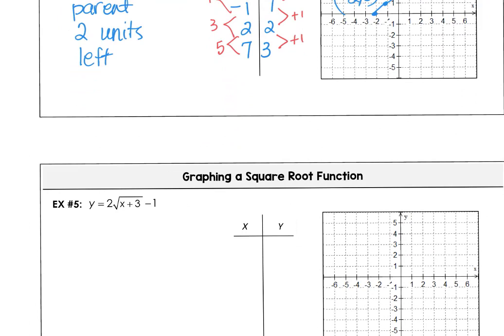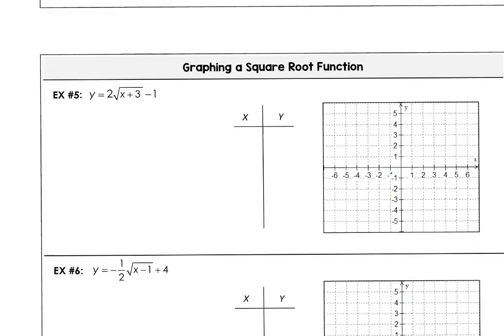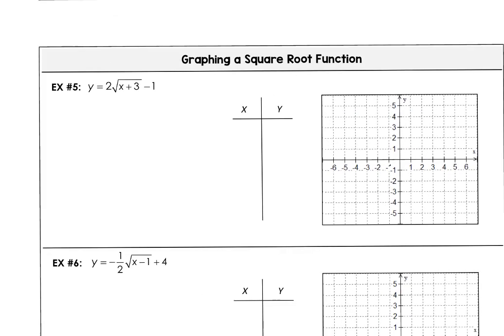Then example 5, we're going to graph a square root function that has several things going on, including an a value of 2, and that's greater than 1. So we have an h and a k. That is -3, -1.